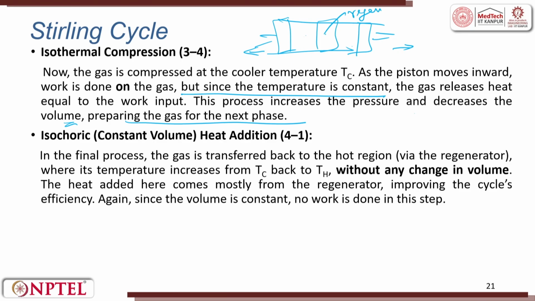So, from here it goes to the next phase. Isochoric process, that means a constant volume. In the final process, the gas is transferred back to the hot region. So, it came to cold, from cold it goes to the hot region, but the volume is constant, where its temperature increases from Tc to Th without changing the volume.